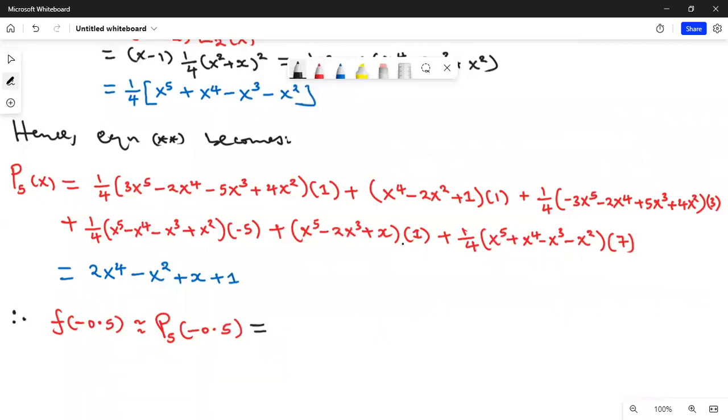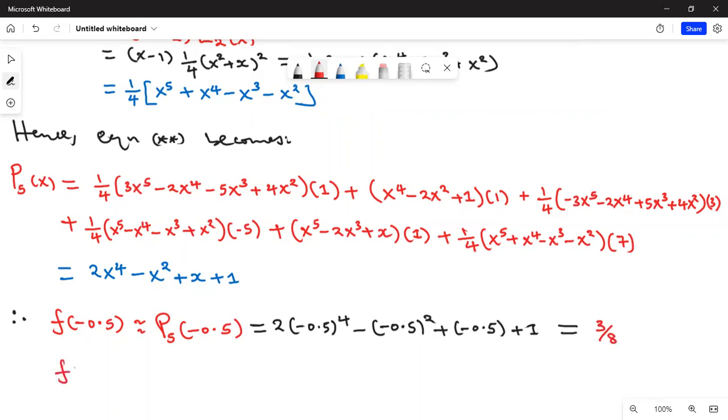Where there is x, we replace that by negative 0.5. So that will be 2 times negative 0.5 raised to 4 minus negative 0.5 squared plus negative 0.5 plus 1. And so that should be equal to, when you press it in your calculator, you need to get 3 over 8.